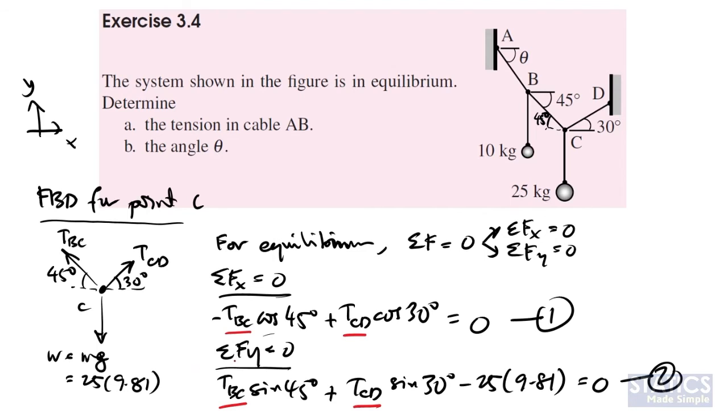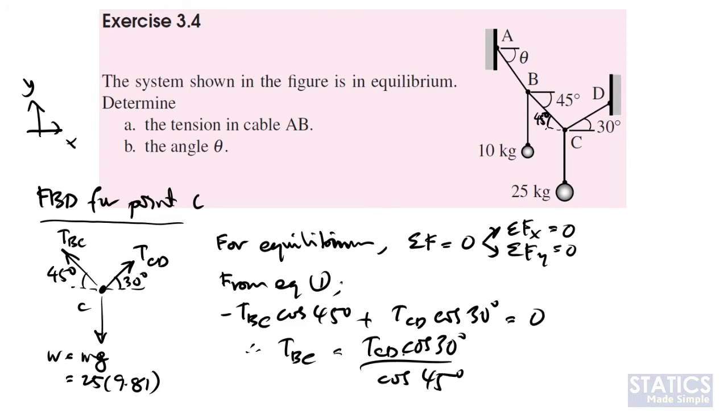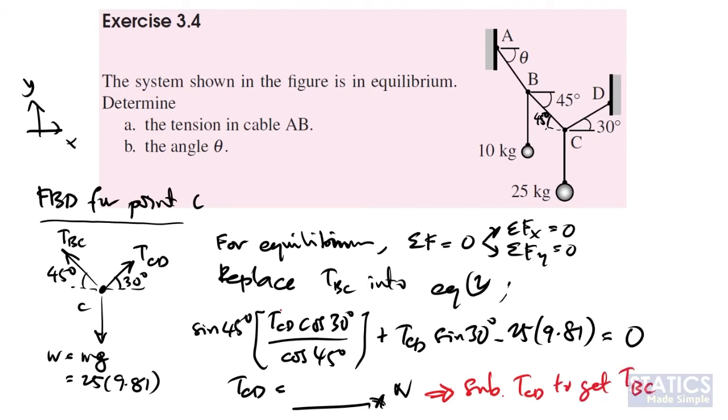Taking from equation 1, we get TBC equals some terms in TCD. Place this into equation 2, so we have one equation, one unknown, and solve for TCD, in Newtons. Once we have TCD, we substitute back into this equation to get TBC in Newtons.